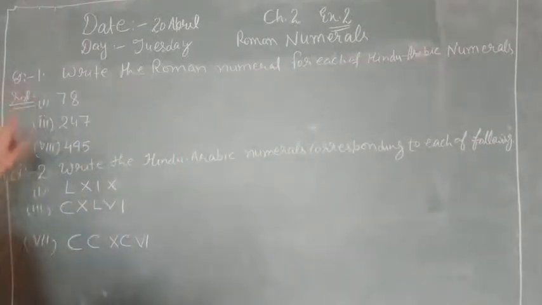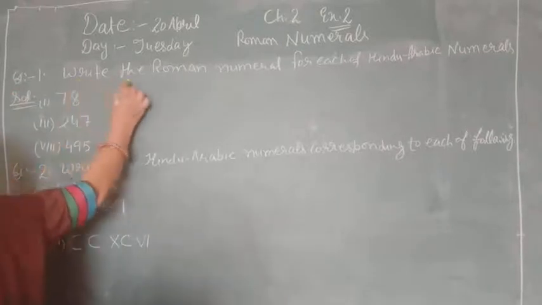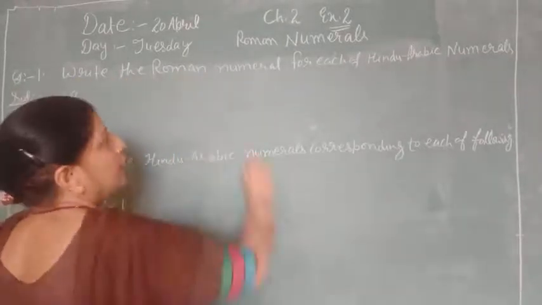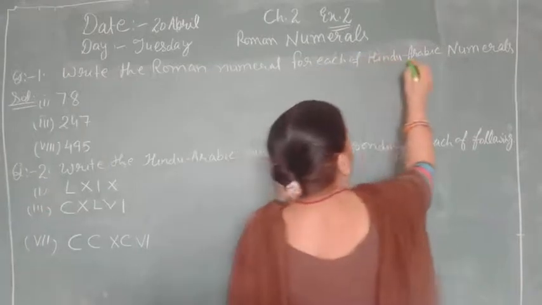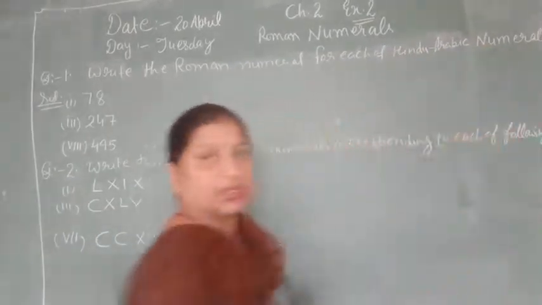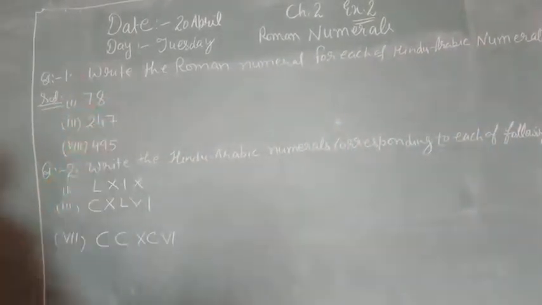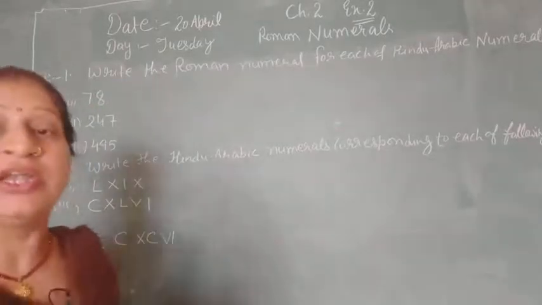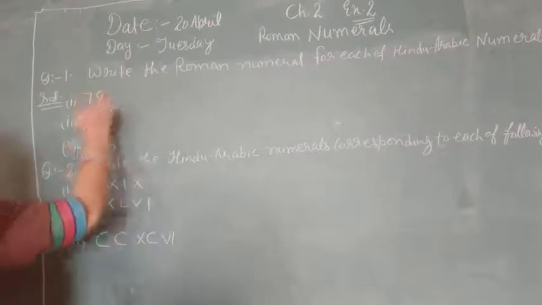Our first question is: write the Roman numeral for each of the Hindu Arabic numbers. You are given the Hindu Arabic numerals and you have to convert them into Roman numerals.